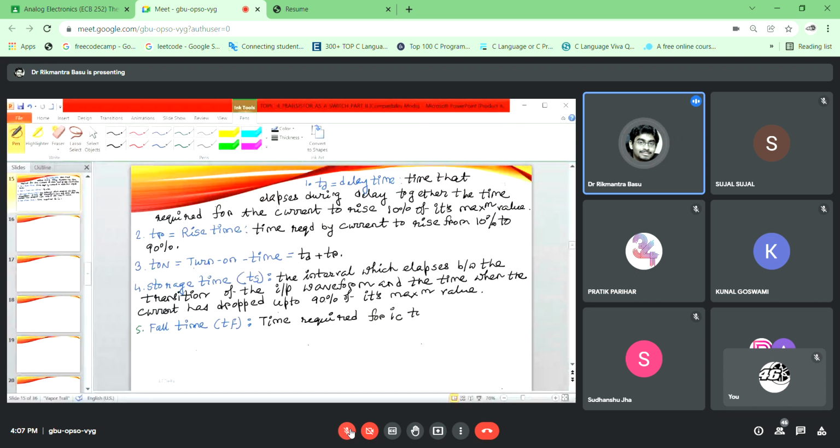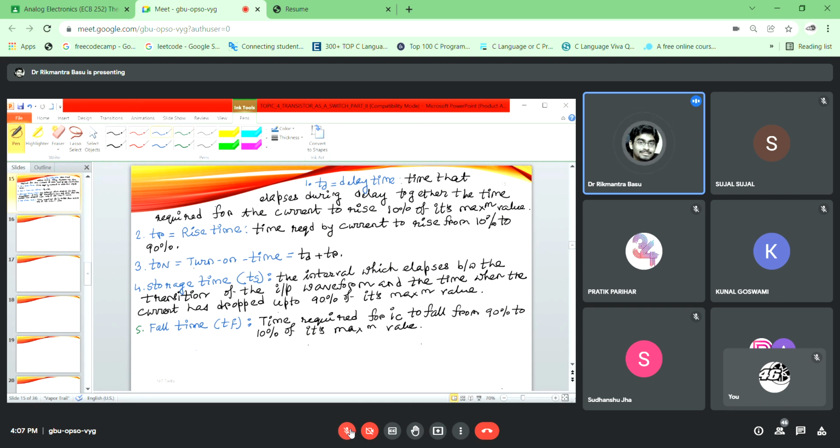Remember, I'm writing the small IC since we have now applied a small AC input, to fall from 90% to 10% of its maximum value.